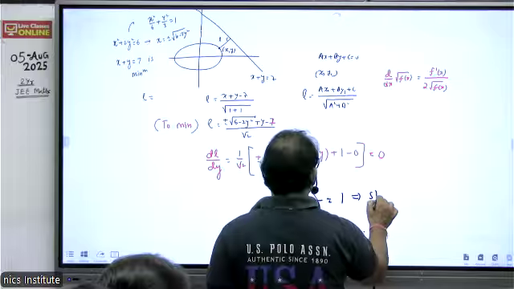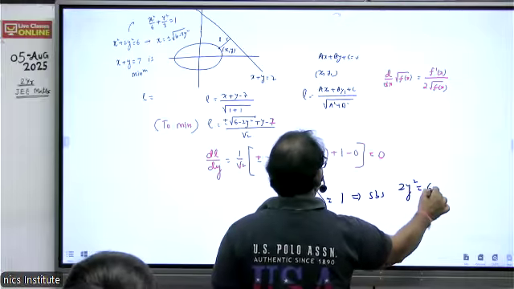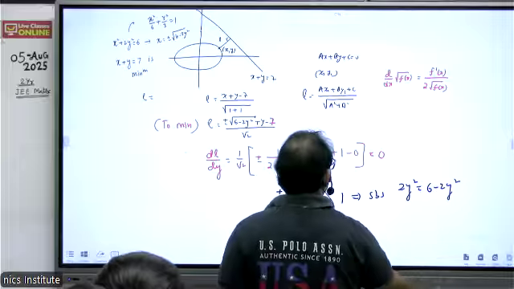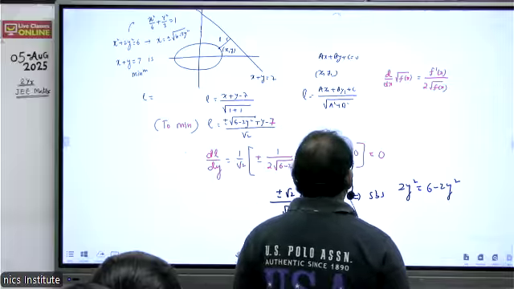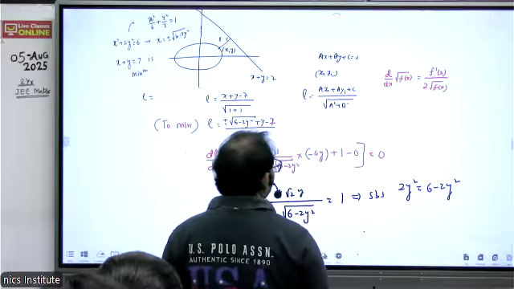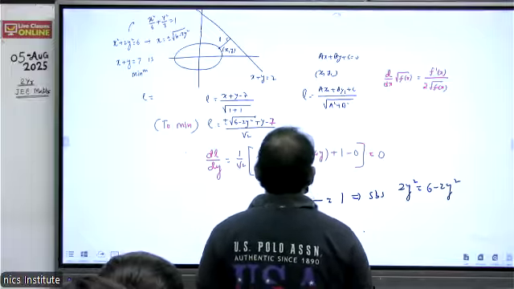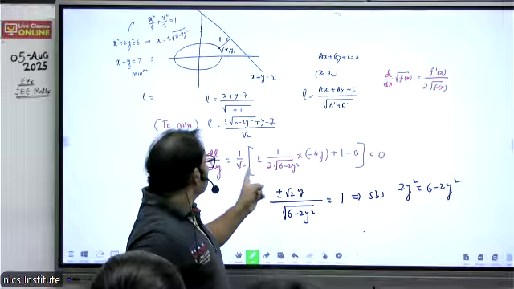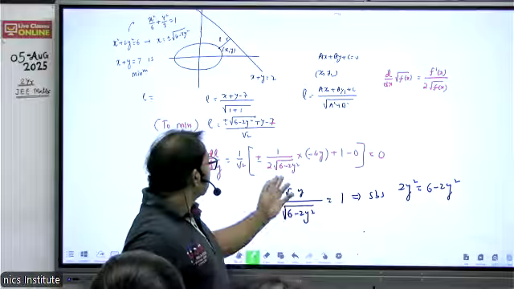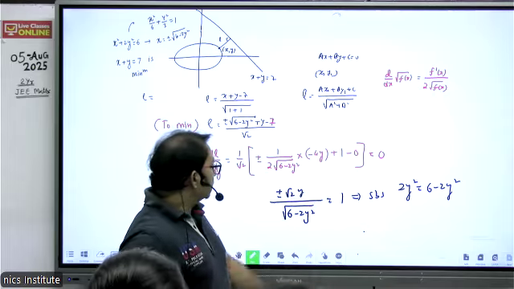Squaring both the sides. Is it correct? Equate it to 0. 4 and 2 cancel. Root 2 is root 2. Divide by this, take one to the other side, and squaring both the sides.